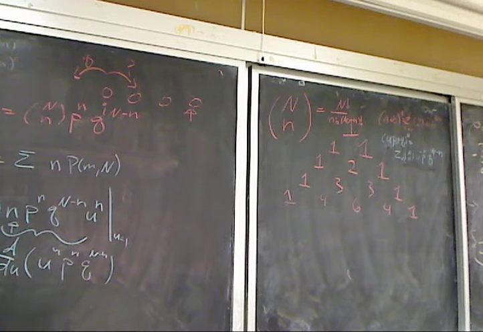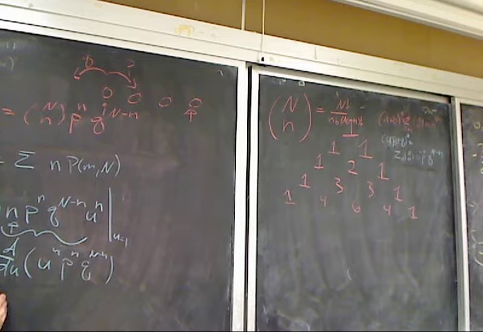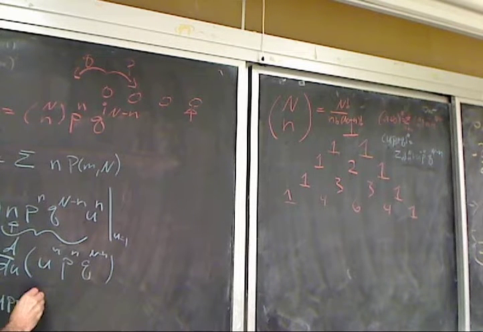So I've got to multiply by another u. But that's okay. This u is a 1. So I can do that. Then this sum only depends on little n. The derivative factors out. This u factors out. So here I'm left with u times d by du of, and then I'm left with my binomial theorem, (up plus q) to the N.